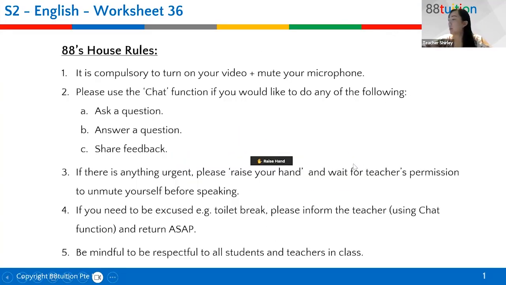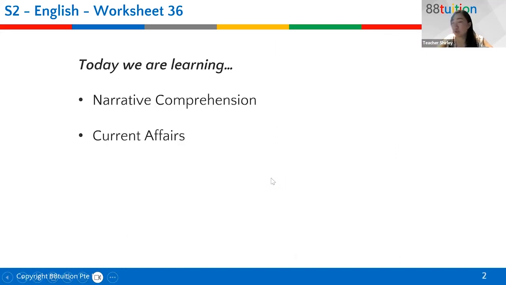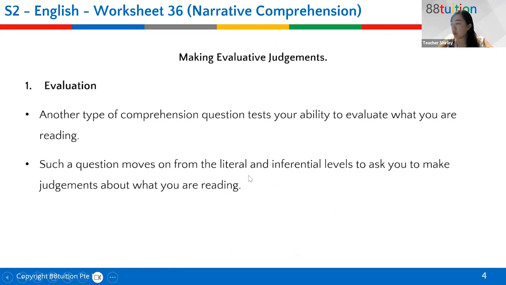Okay, right. So before we even go to the questions in your homework, the homework that has been assigned to you on the student's account, we will learn about how to make evaluative judgments. So basically, for questions, we always have this acronym, not sure if your school covers it: LIE, literal, inferential, and evaluative questions.